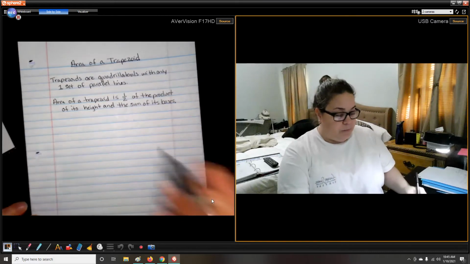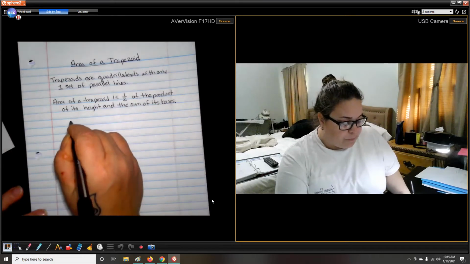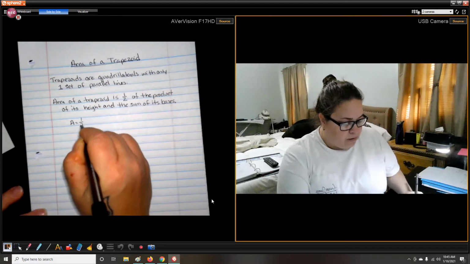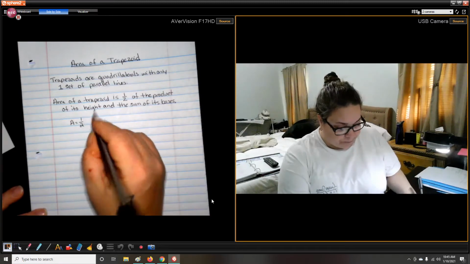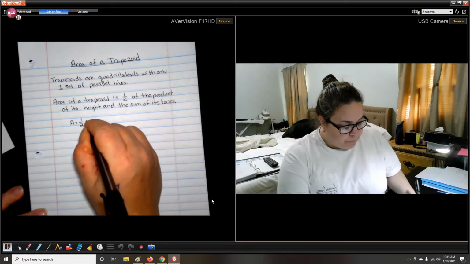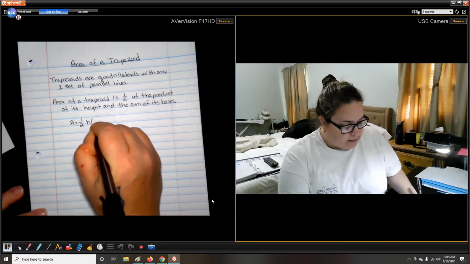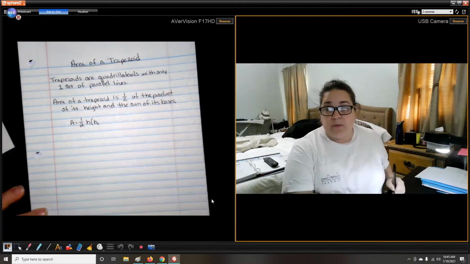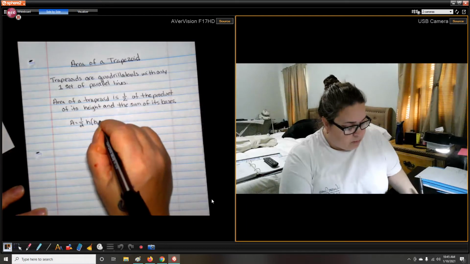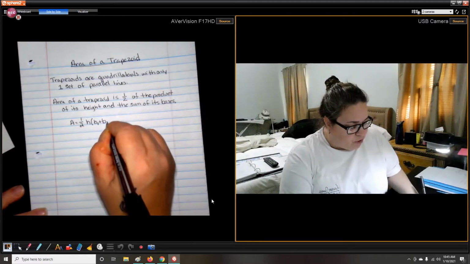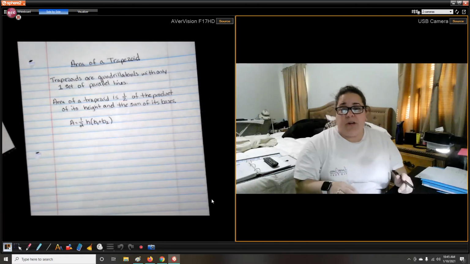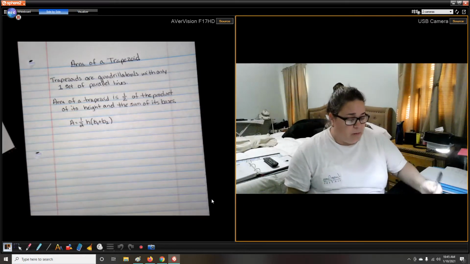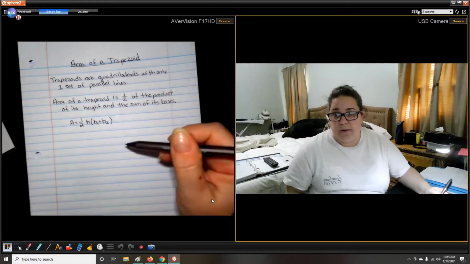So I'm going to show you what the formula looks like. The formula looks like this. You can write it area equals 1/2 times height times base 1. Notice I put that 1 really low, plus base 2. So those are not exponents, those are subscripts. And we put the numbers really low because we're talking about geography here, okay?